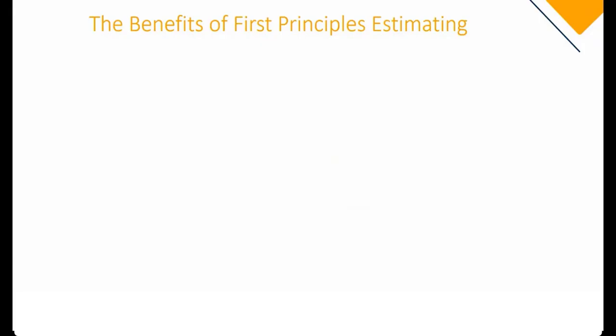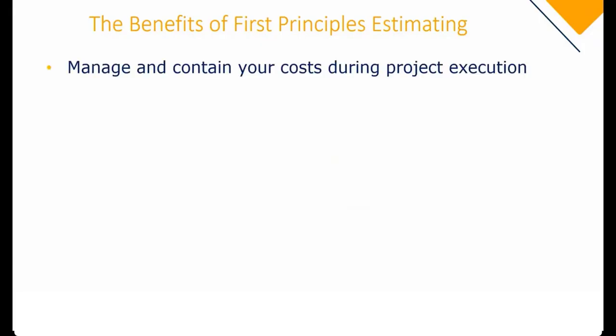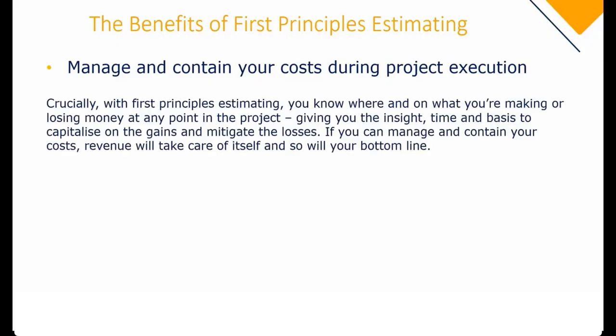Okay, so one of the benefits is to help you manage and contain your costs during project execution. So all of this information, like I mentioned earlier, that resource information is available for the team on site. They'll re-engineer the worksheets, and then they get that upfront purchasing control. But this also lends itself to control during project execution.